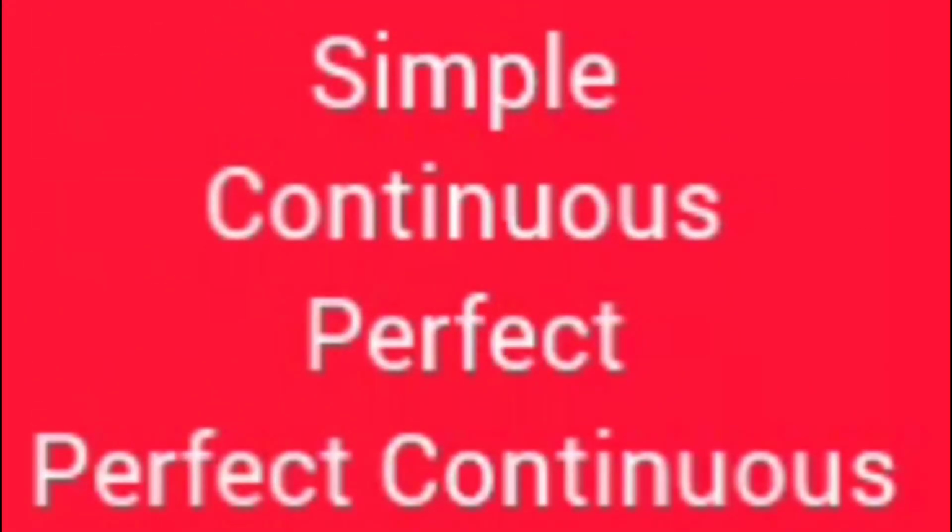For example, simple, continuous, perfect, and perfect continuous. So let's start and watch till the end. You will understand how to use or where to use the sentences of each tense.